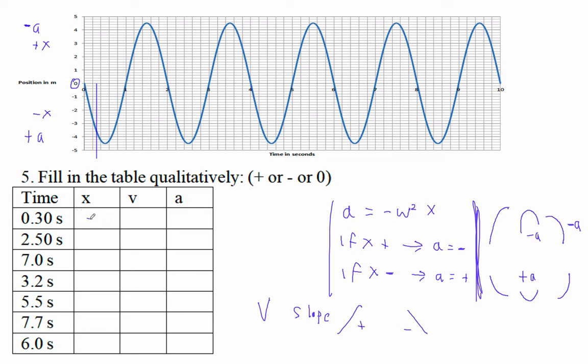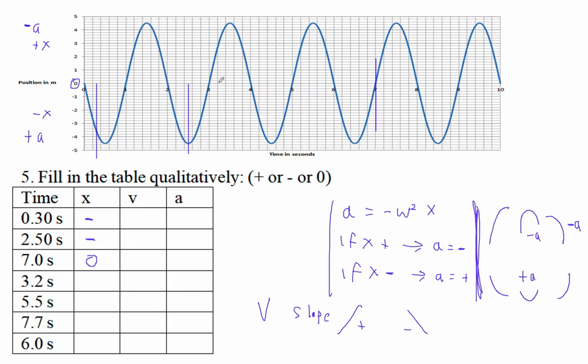X is definitely negative. At 2.5 seconds, that's here. At 2.5, X is also negative. At 7 seconds, that's right here. X is 0.